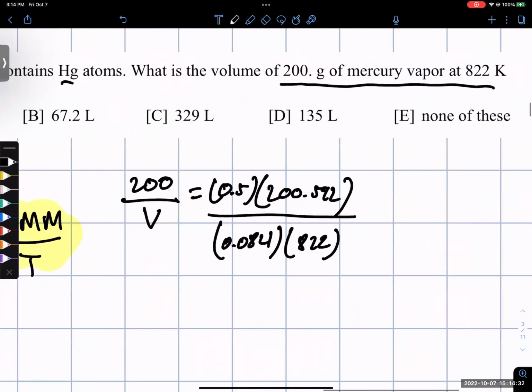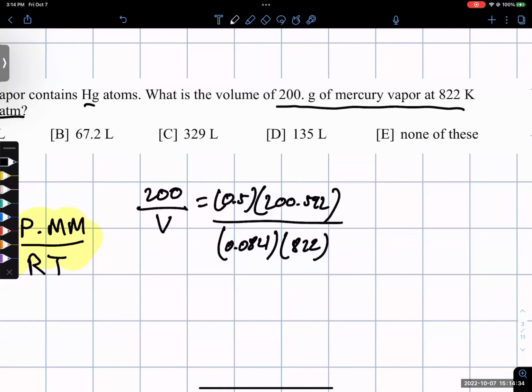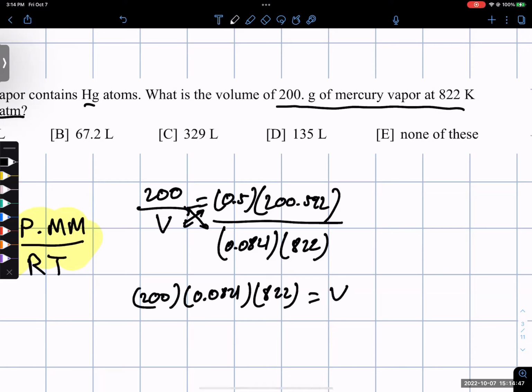So we're going to solve this out now. If we do a little cross multiplication, we get 200 times 0.0821 times 822 equals V over 0.5 times 200.59.